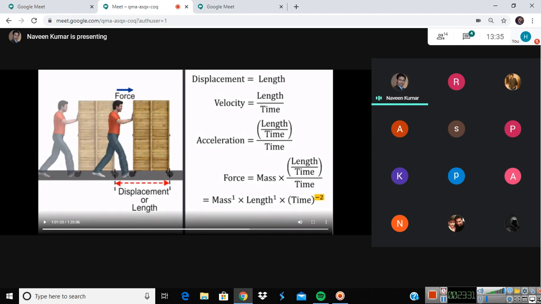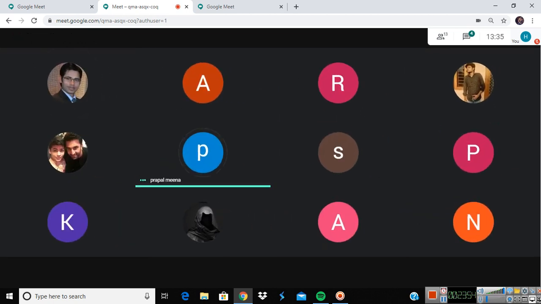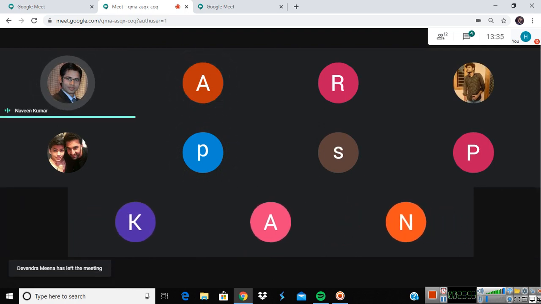Dimension means the powers to which the unit of base quantity is raised, and base quantities are mass, length, and time. So you can write down the definition as well. I'm writing on the screen, you can write down the definition of that dimension as well.